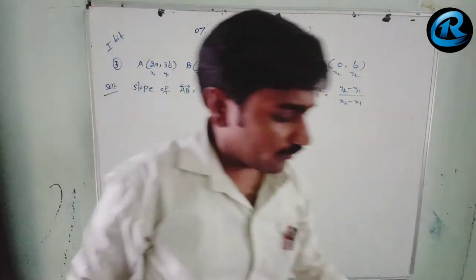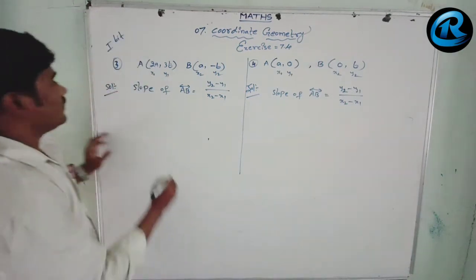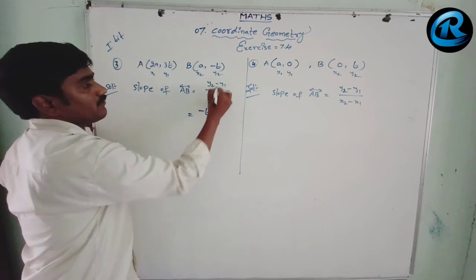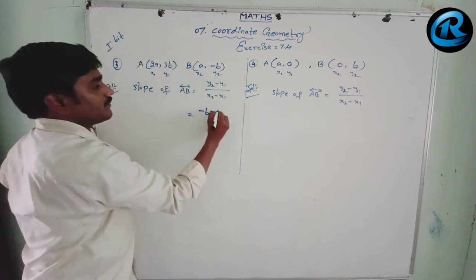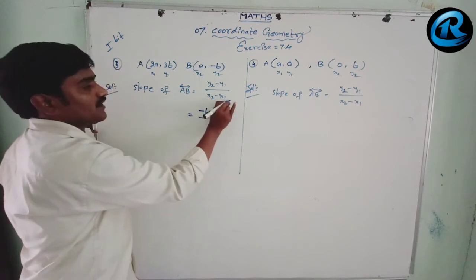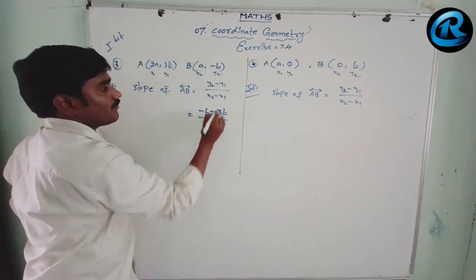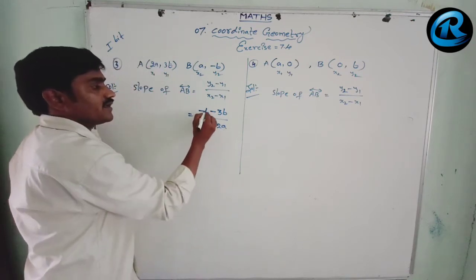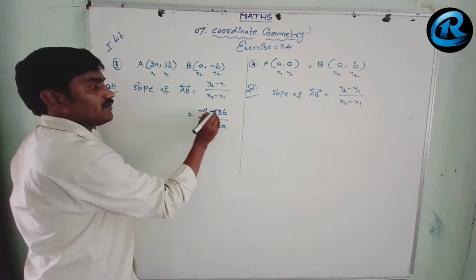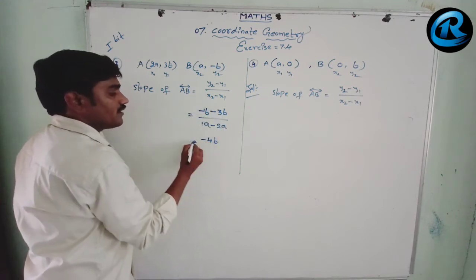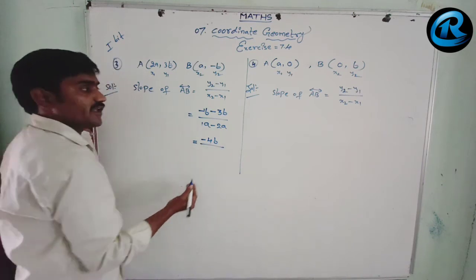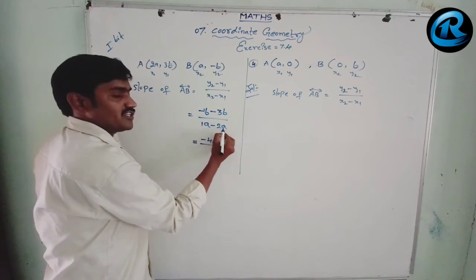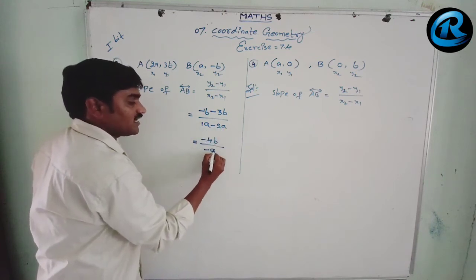Let us find the slope. Let us substitute: y2 minus y1, that is minus b minus 3b, by x2 minus x1, that is a minus 2a. So here minus 1b minus 3b is minus 4b, and 1a minus 2a, 1 minus 2, is minus a.